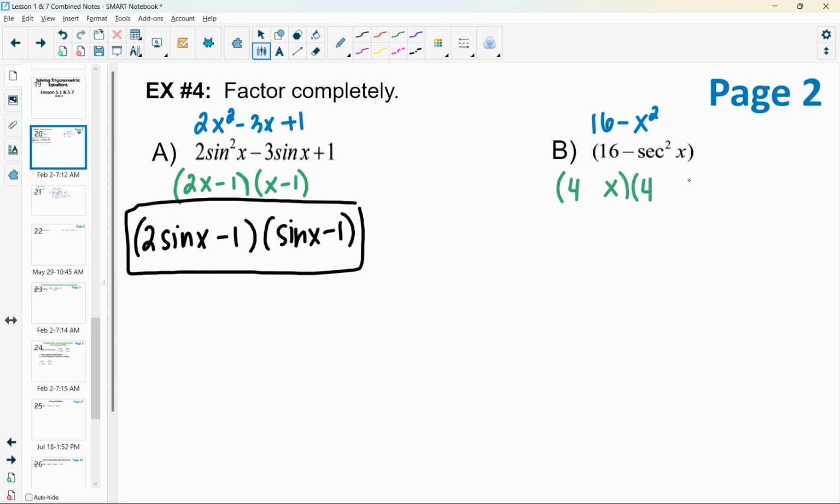So you're going to have 4 and x in both expressions. One is going to be minus x, and one is going to be plus x. And then when you put the trig function back in, that would be 4 minus secant of x, and then 4 plus secant of x.